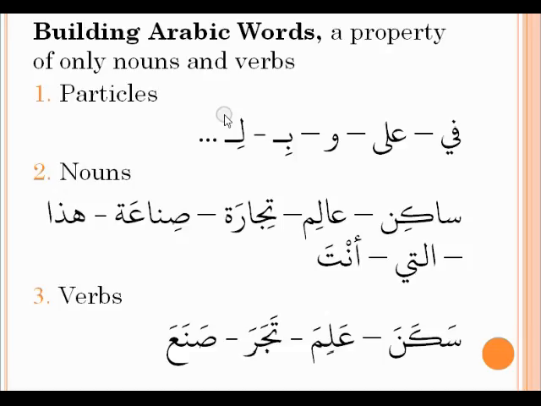one thing to remember is that building Arabic words by attaching extra letters to the root is a property of only nouns and verbs. As some of you might already know, the Arabic word classification includes 3 categories: the particles, the nouns, and verbs.